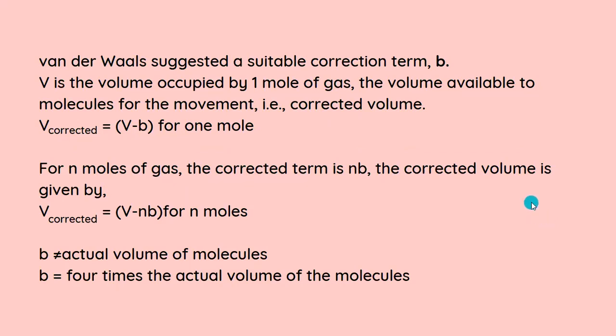So van der Waals suggested correction term B. When we assume that B is the volume occupied by 1 mole of the gas, the corrected volume is going to be V minus B. And the value of B depends upon the nature of the gas. B is not equal to the volume of the molecule, but it was actually found to be 4 times the volume of the molecule. So V corrected equals V minus nB for n moles.